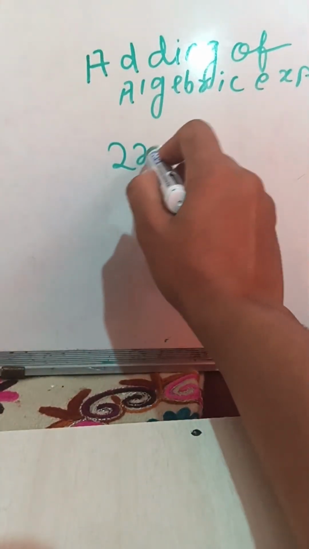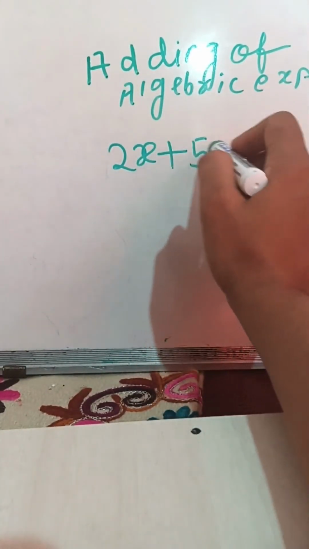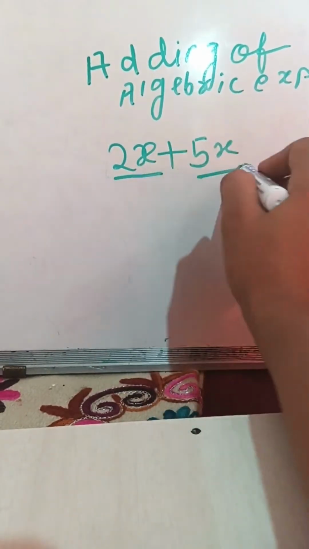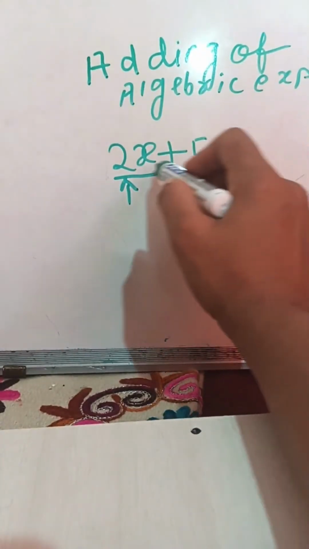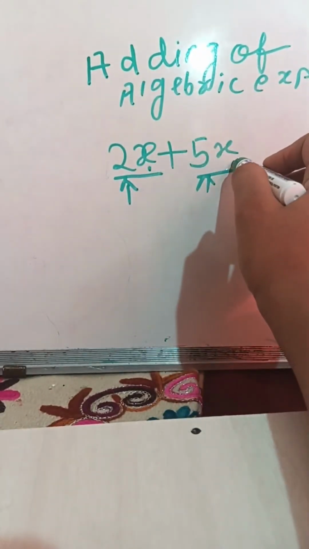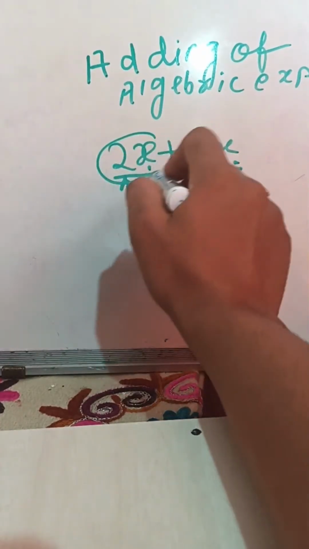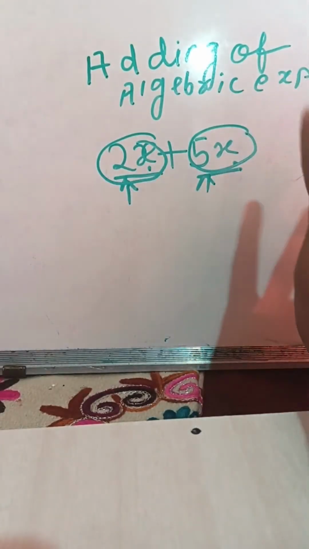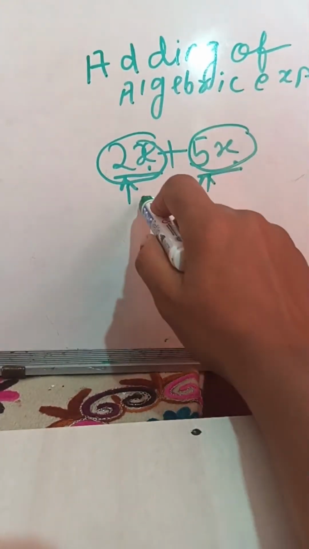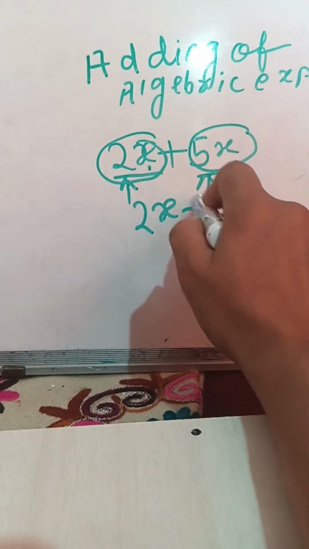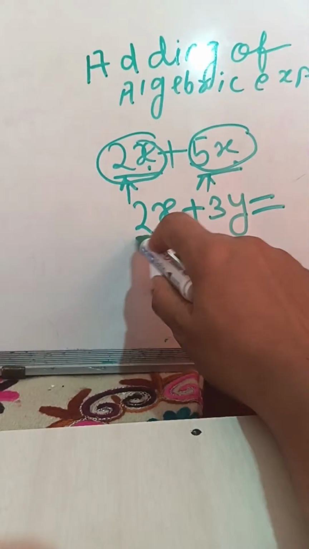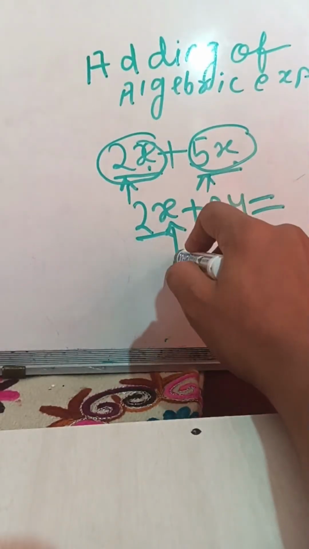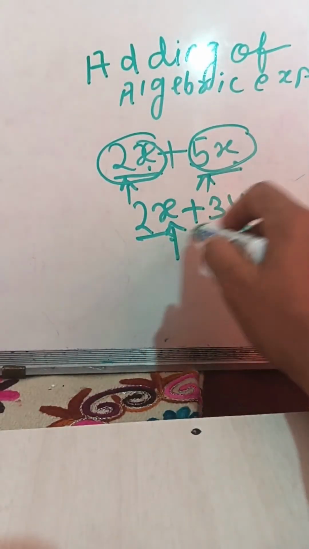Suppose we have 2x plus 5x. Both are like terms because they have a constant and the same variable x, so they can be added because they have common factors. But if we have 2x plus 3y, here we have x and here we have y, so it cannot be added.